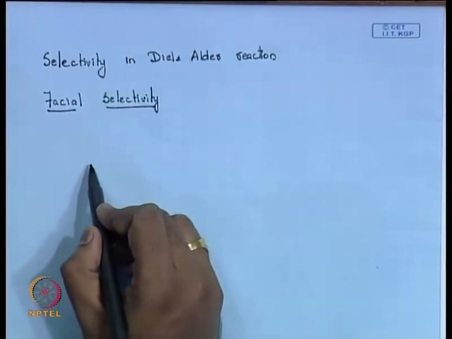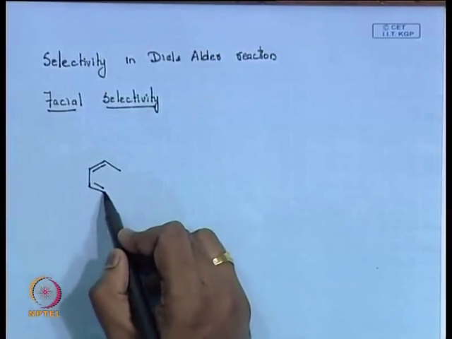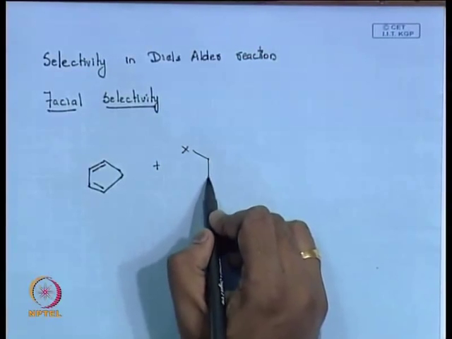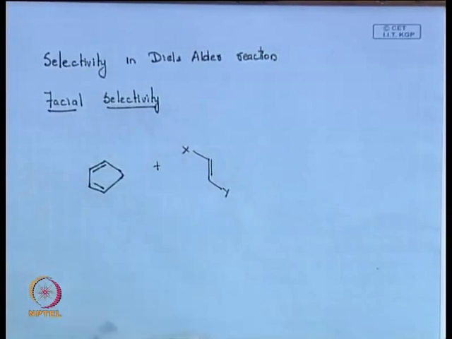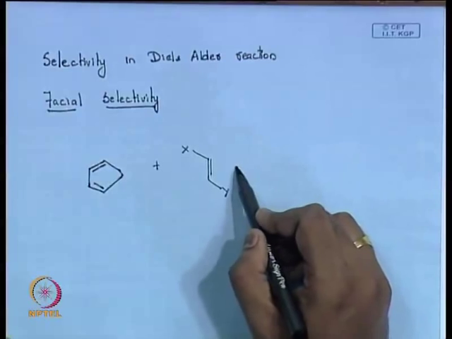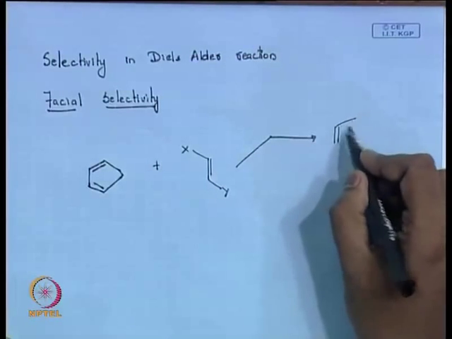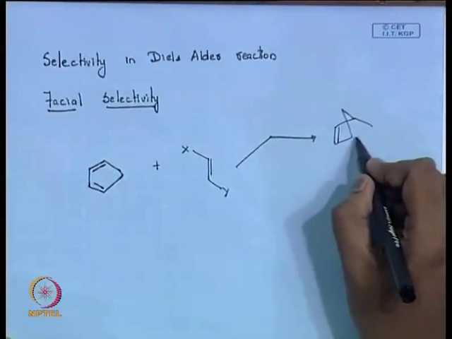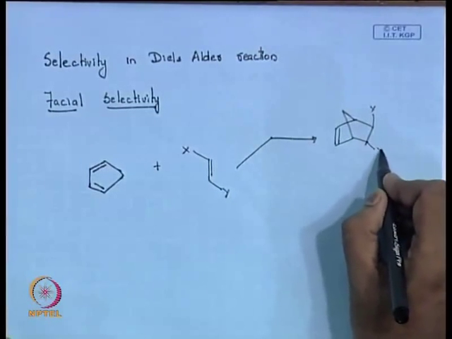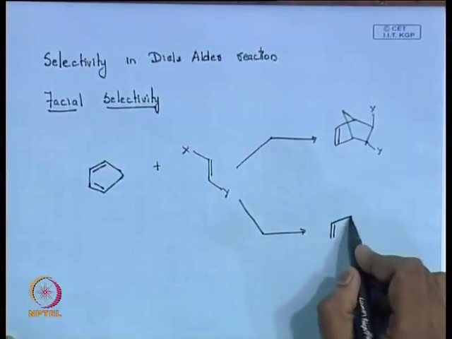If you take cyclopentadiene with a trans alkene, I can think about two products. In one, X is up and Y is down, or in another case both are on the same face.